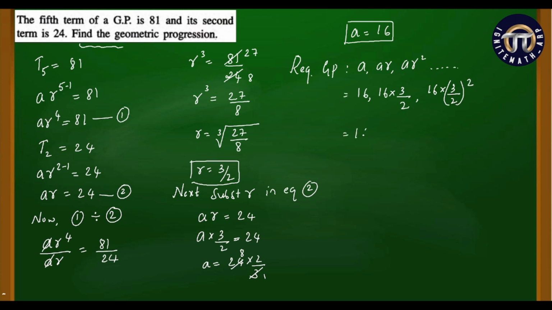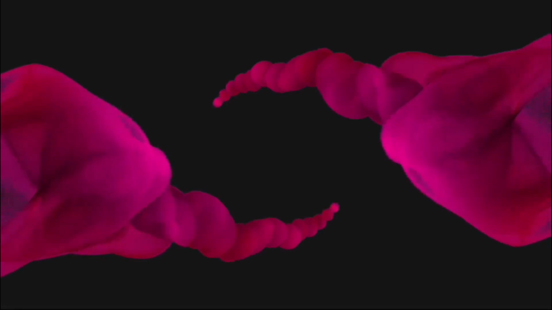So now I can write this as 16, and 2 1s are 2, 8s are, so 8 into 3 is 24. Over here, if you get confused to write it directly, you can write one more step, no issues. 3 square is 9, 2 square is 4. So later I can write GP as 16, then 24, then 4 1s are 4, 4 9s are 36. So this is our required GP. Clear, children? Okay.